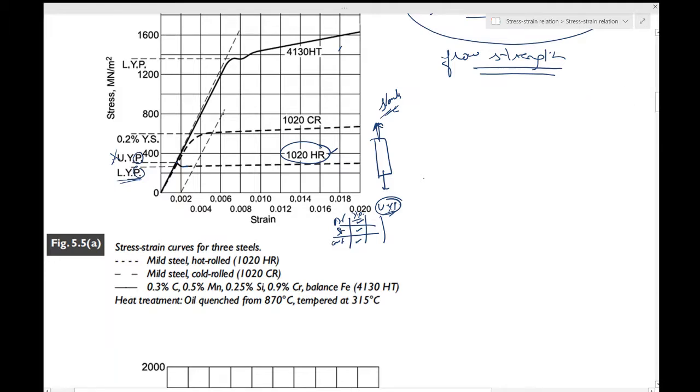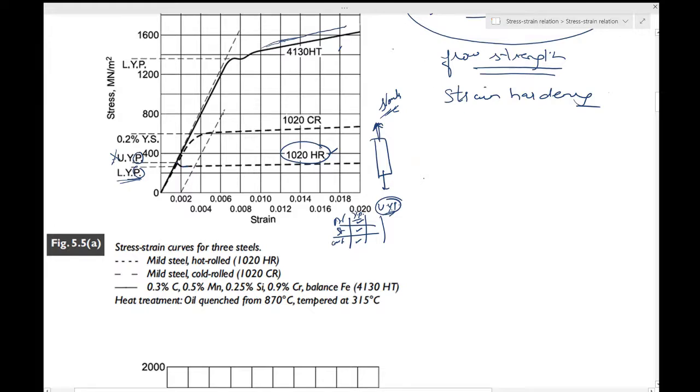Okay, so the flow strength rises, and this characteristic of the material, in which further deformation requires an increase in the stress, is usually referred to as strain hardening. Remember, we have seen this word. This is an example which you see over here: as the plastic deformation is happening, the stress required to cause that is increasing, and hence this is strain hardening.